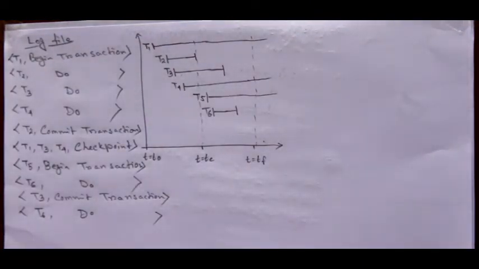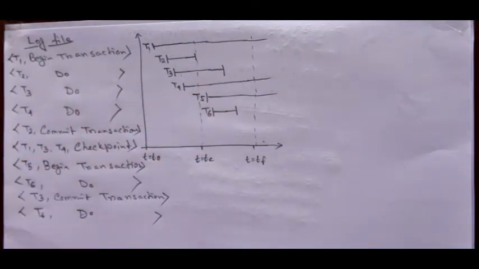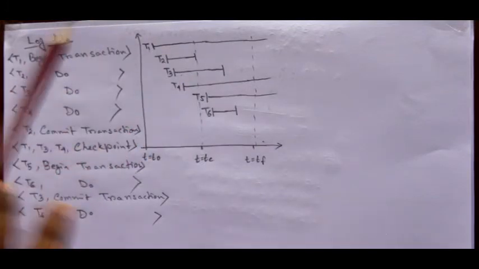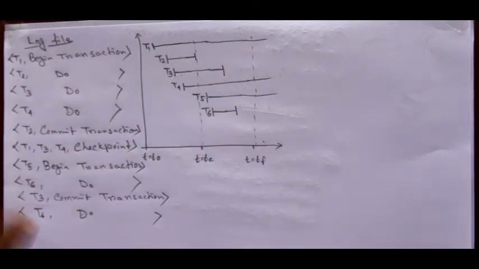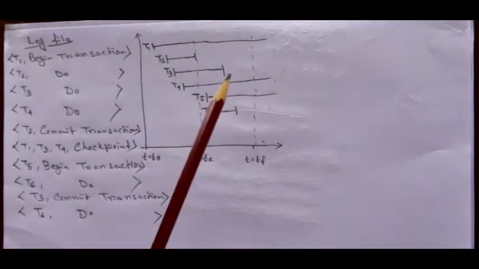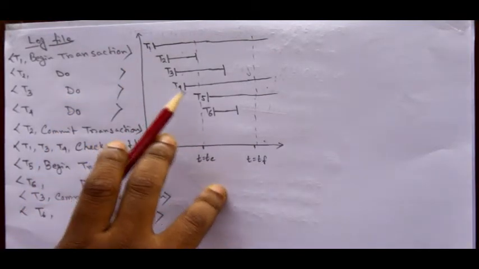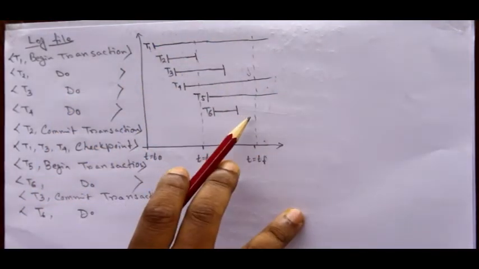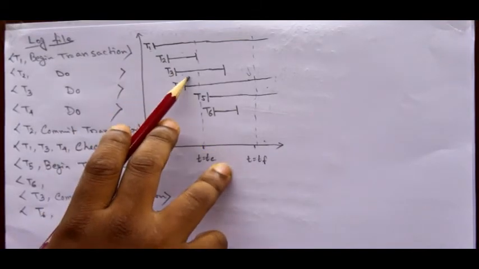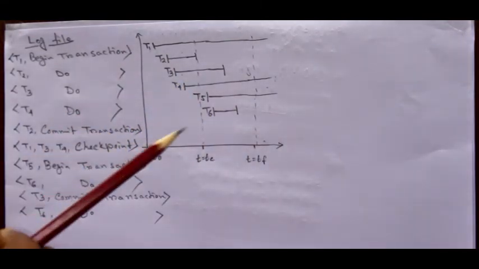System can fail for various reasons, due to resource failure, due to power failure, etc. Suppose system failure occurs or communication is cut, anything can occur. So at the time when the system fails, transactions T1, T4 and T5 are running, but transactions T2, T3 and T6 completed their execution.